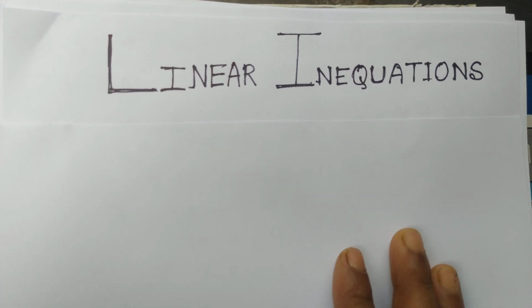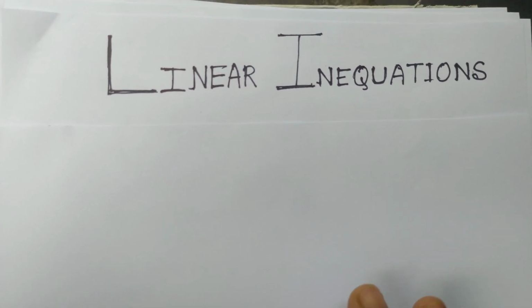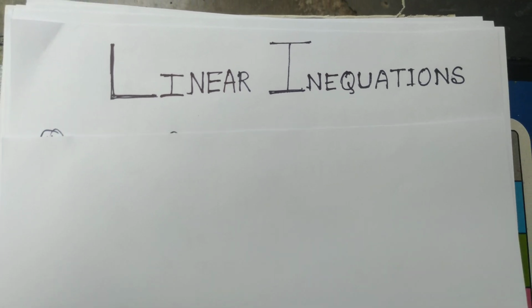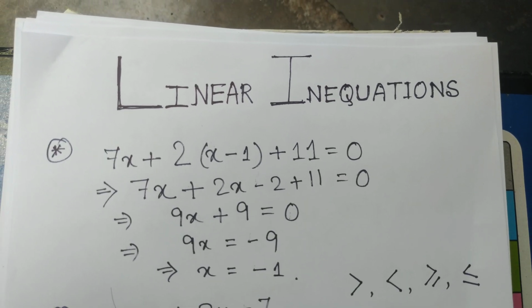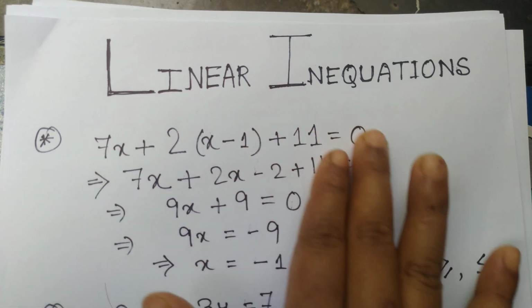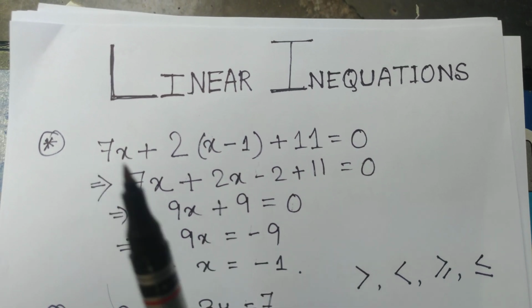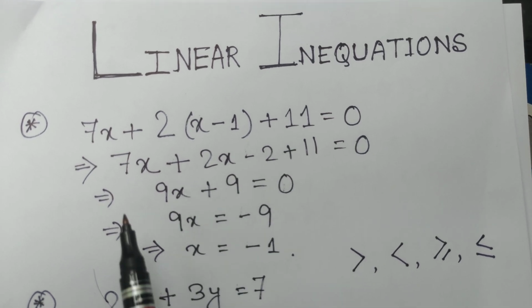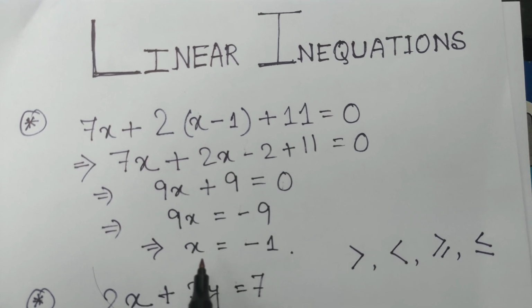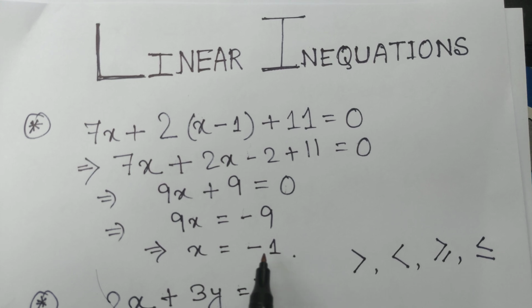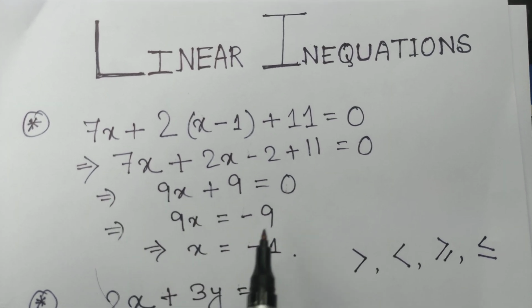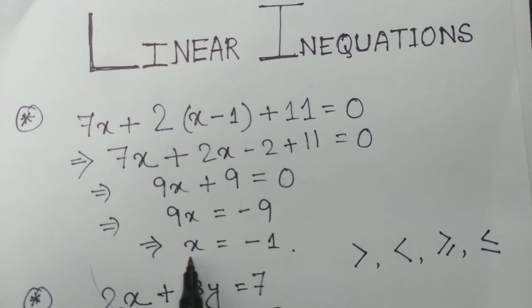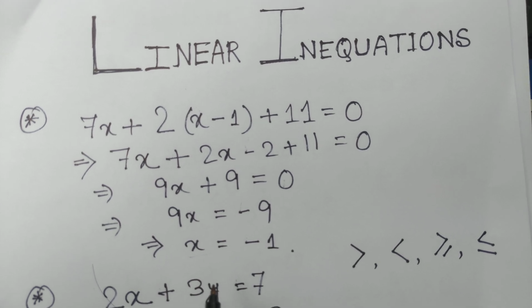Now when I say inequation, before that let me revise something. See here, it's a linear equation with one variable. You can remember that you have already solved this kind of one variable equation and found the value of the variable.